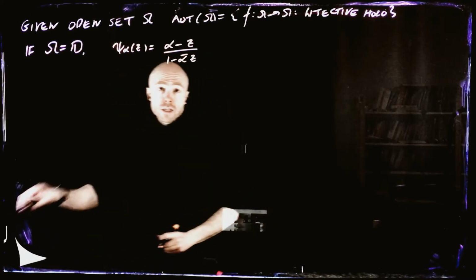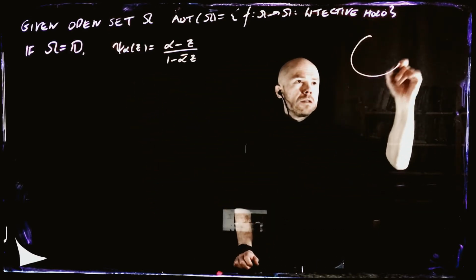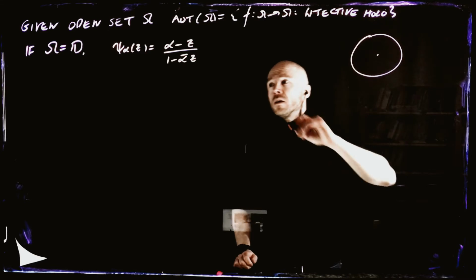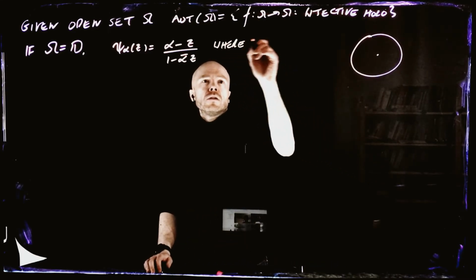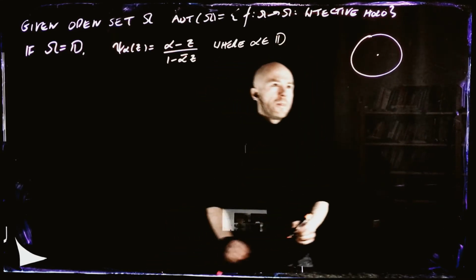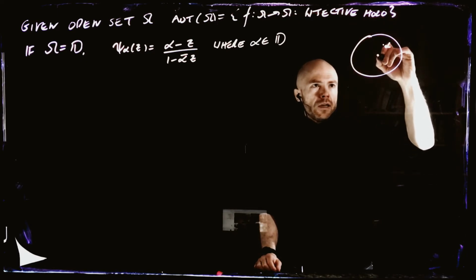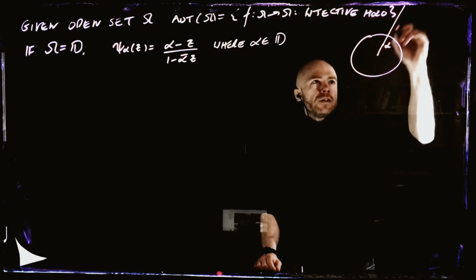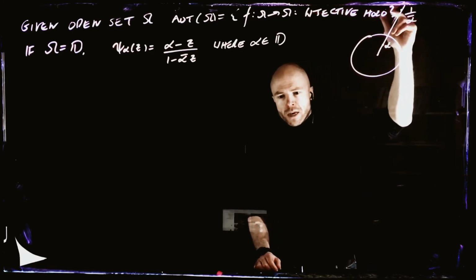Okay, firstly, let's reassure ourselves this is actually holomorphic on the disk. So let's take a look. Take a disk like this, where alpha belongs to the actual disk. Then if we take the reflection of alpha through the circle, it's on the other side, right?